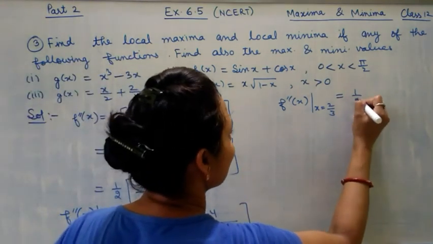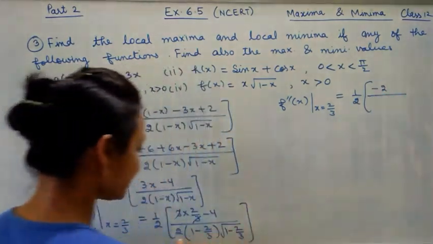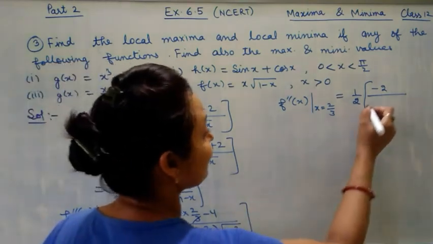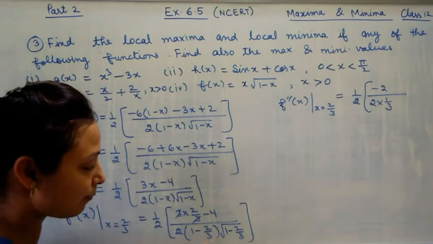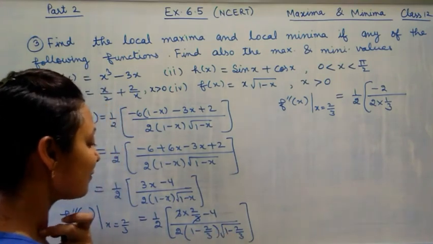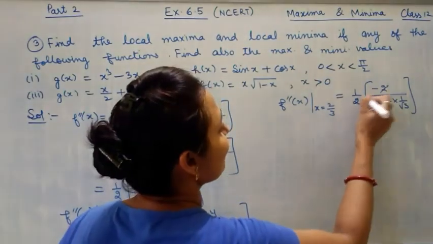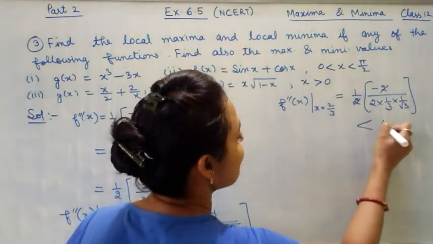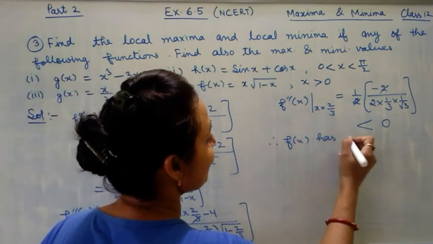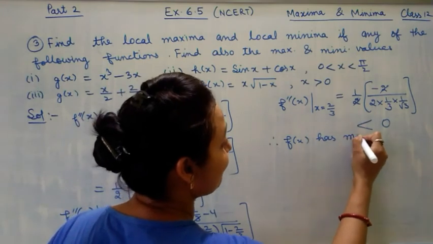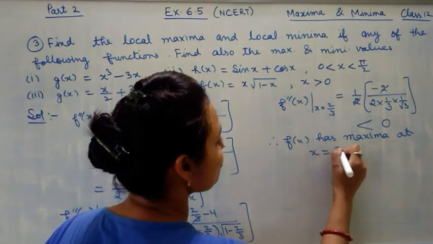When you apply this, it is minus 2 upon 2 into 3 minus 1 by 3, 2 into 1 by 3, because 3 1s are 3 minus 1, then 1 by root 3 into 1 by root 3. So it is a negative value. When this and this cancel, it is less than 0. Therefore, f of x has a maxima, as it is less than 0, at x equal to 2 by 3.